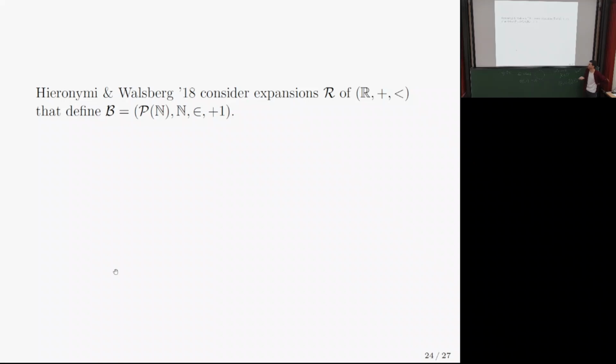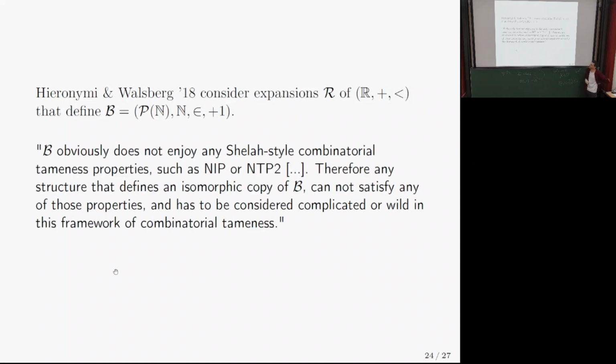And they say, and I quote, curly B obviously does not enjoy any Shelah type combinatorial tameness properties, NIP or NTP2. Therefore, any structure that defines an isomorphic copy of curly B cannot satisfy any of those properties and has to be considered complicated or wild in this framework of combinatorial tameness.